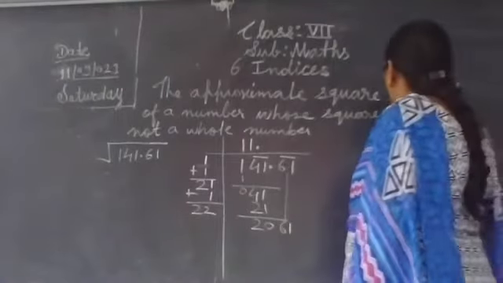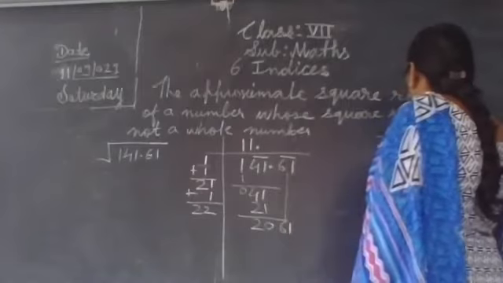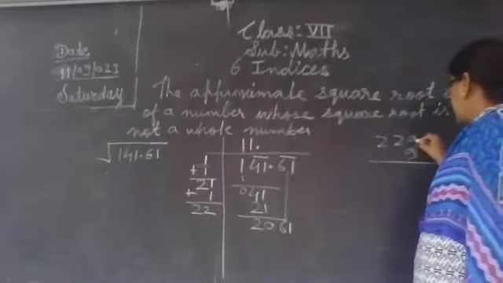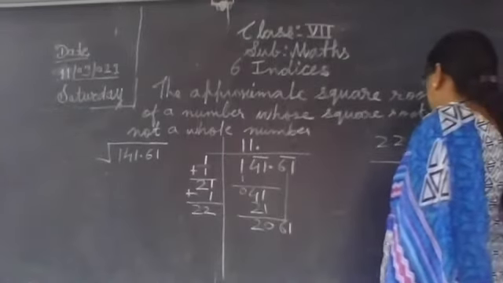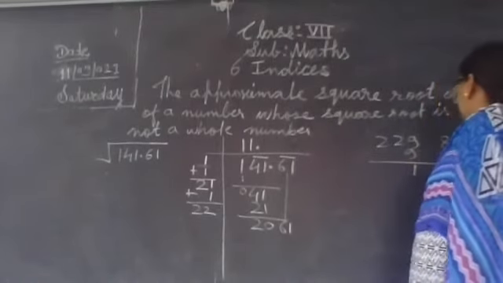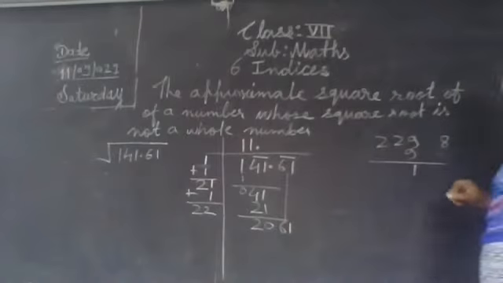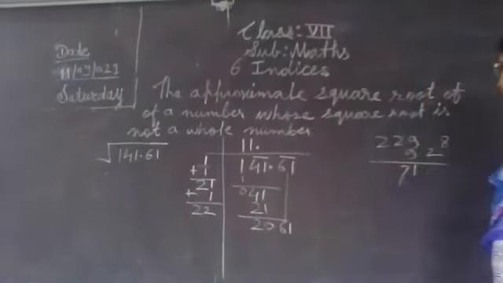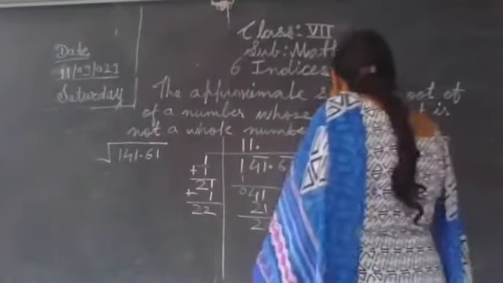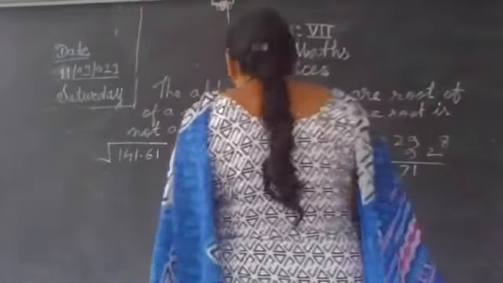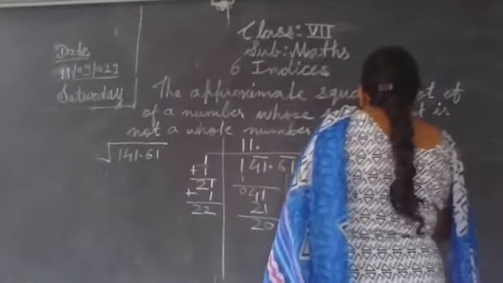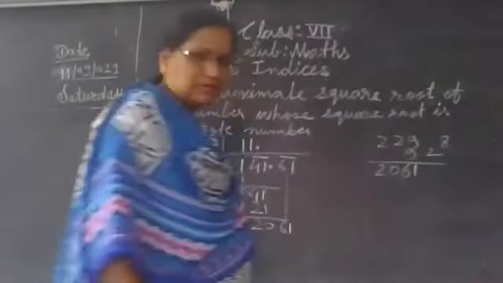So we will try 9 and multiply by 9. 9 9s are 81, carry over 8, and so on up to 2061.